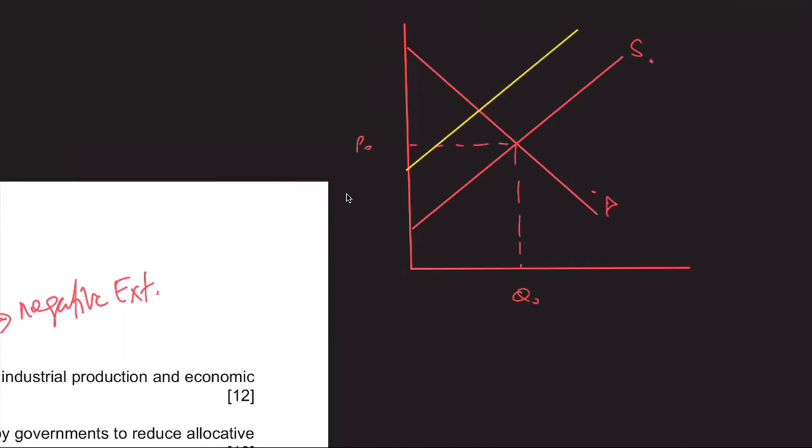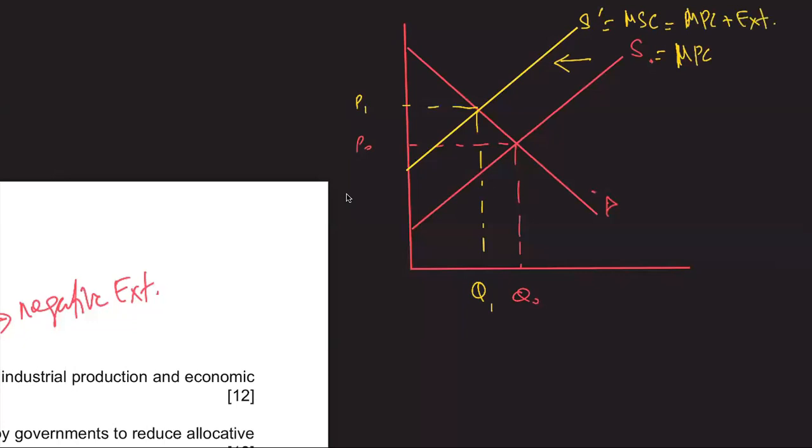Production should be much lower, like S dash, and as a result the price should be high and the quantity should be low. This is your marginal private cost. This is your marginal social cost, which is private cost plus externality, if it's a production side externality.